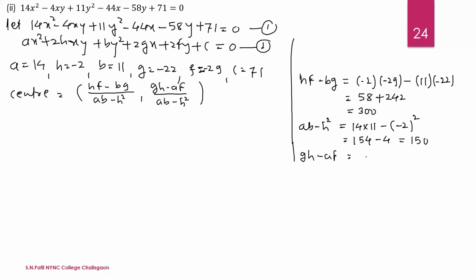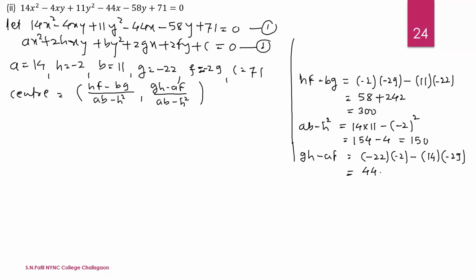Now the next requirement is gh minus af. g means minus 22, h is minus 2, minus a means a is 14, f is minus 29. Okay. We get here minus 22 into minus 2, that is plus 44.